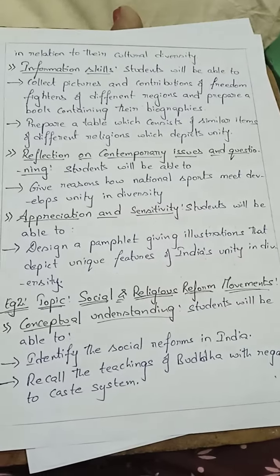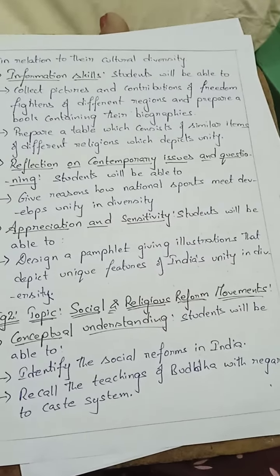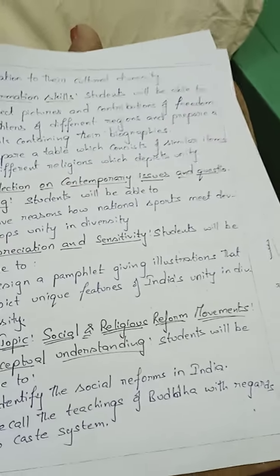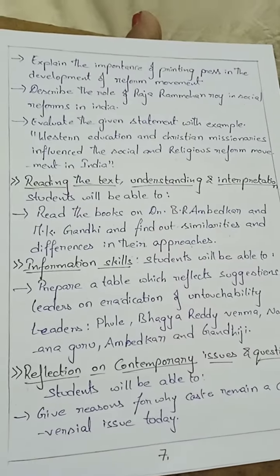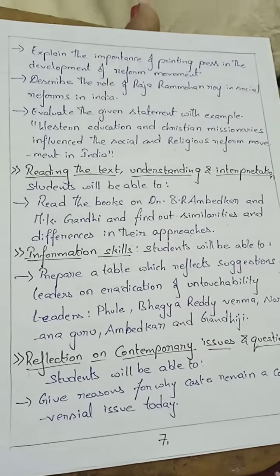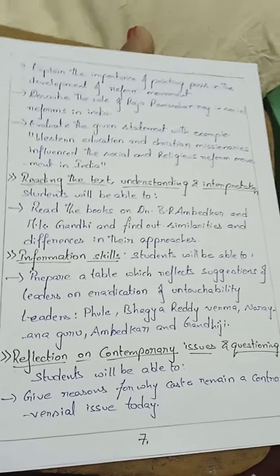Now, you can see the other topic of social and religious reform movements. We can keep it as conceptual understanding, reading the text, understanding interpretations, information skills, and reflection on contemporary issues and questioning.